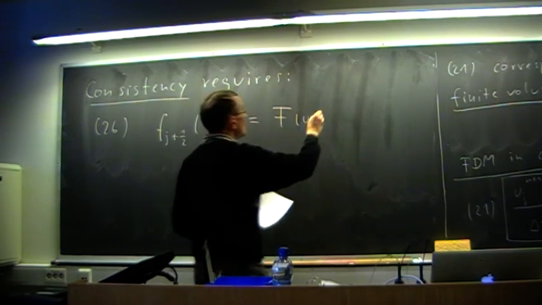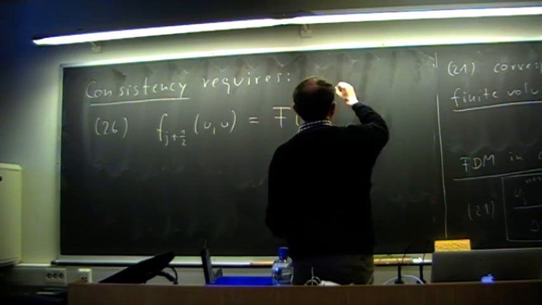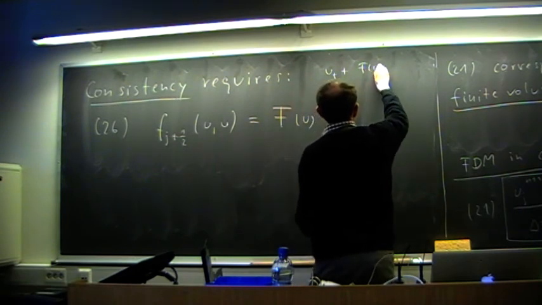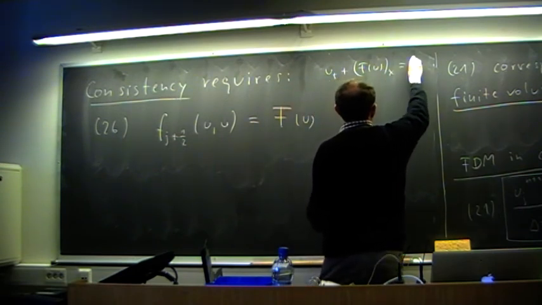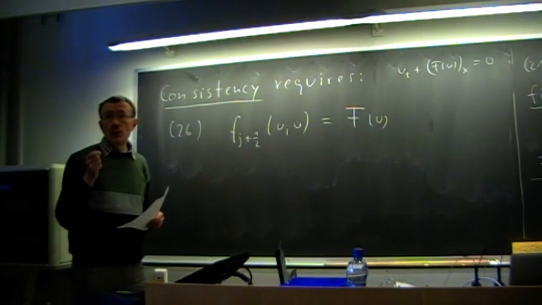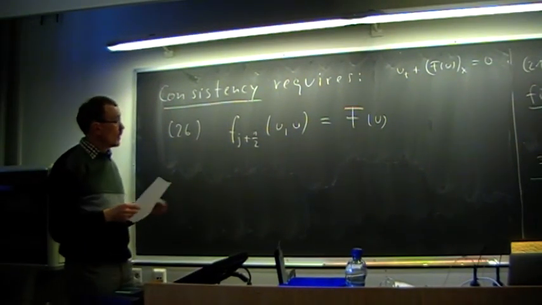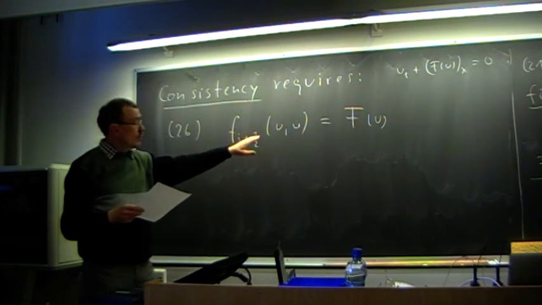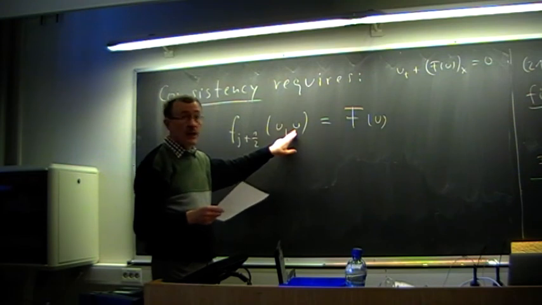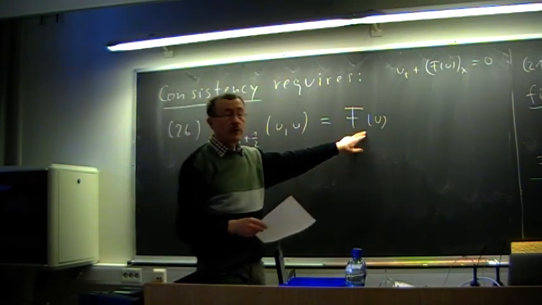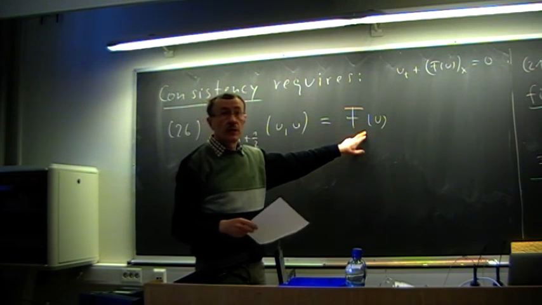Remember, f of u was the one that we have in the conservation law, ut plus f of u x equal to 0. In our case, that is u squared over 2. So when we plug in the same value u on both sides at xj and xj plus 1, we should get the correct flux function.